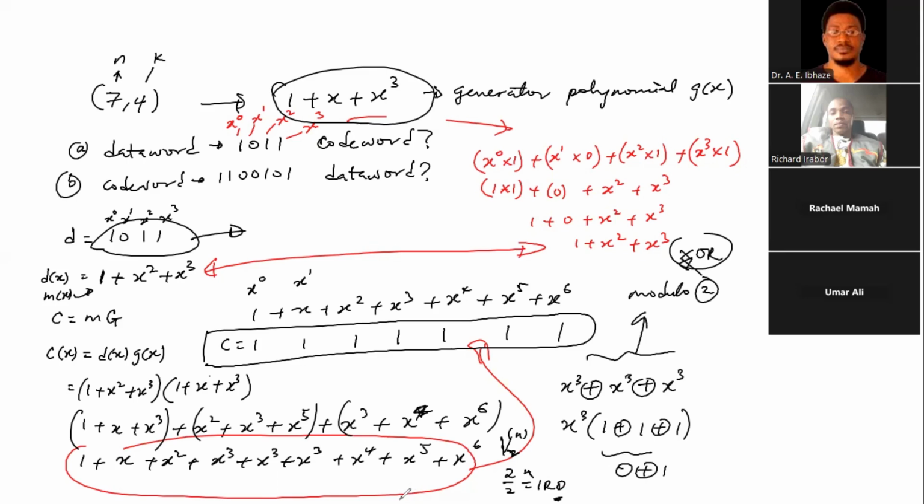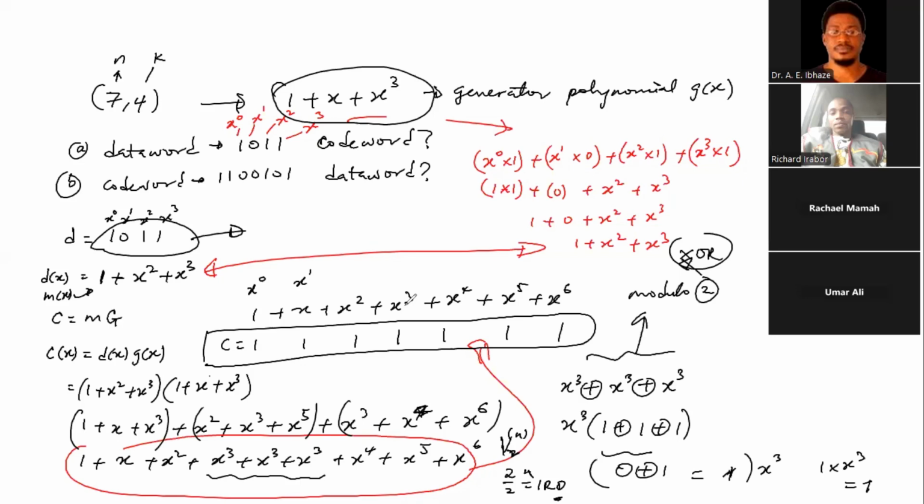Is that clear? Yes, sir. So 0 plus 1 is now equal to 1. And recall that this is all in this bracket of x cubed. So 1 times x cubed gives us x cubed. That's how this reduced to 1 x cubed.